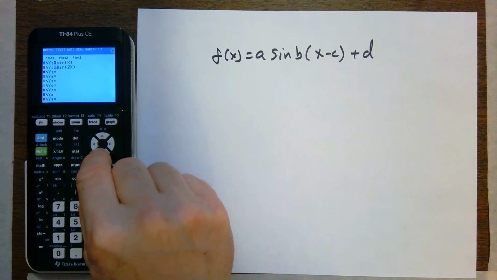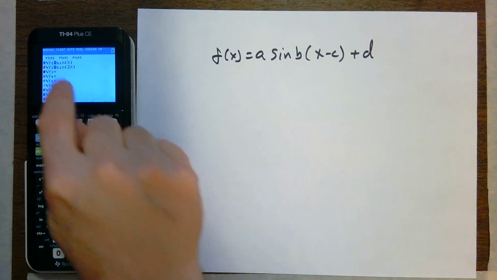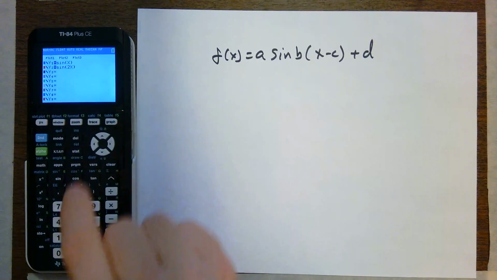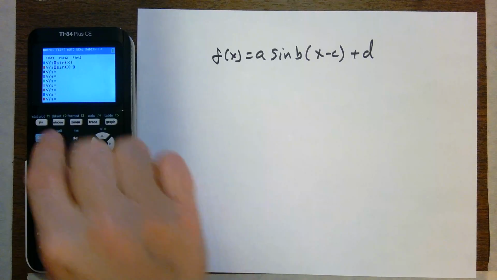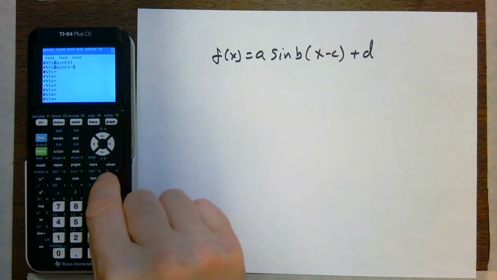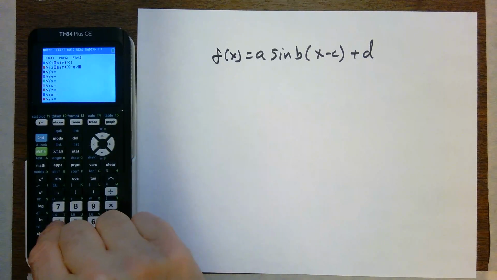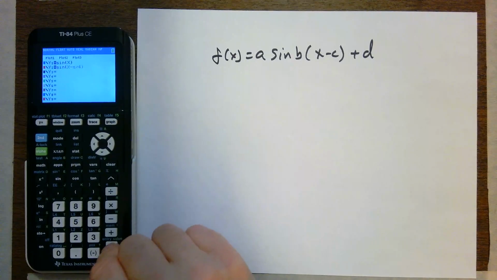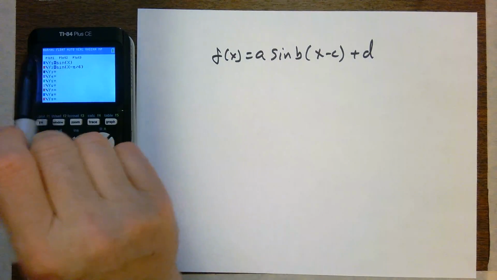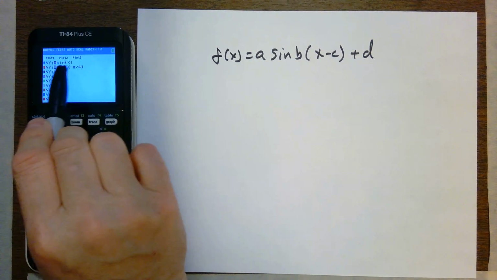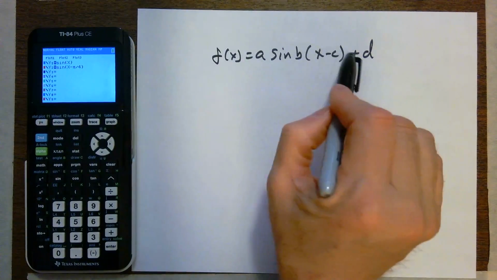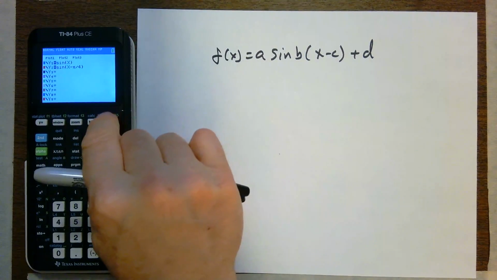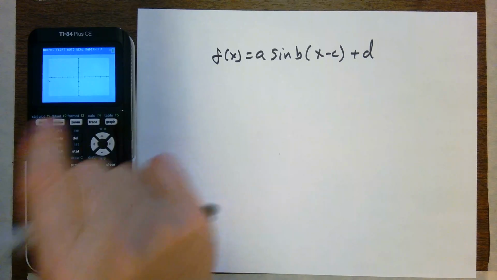So here, let's go ahead and change that. So now I'm going to do the sine of x and then the sine of x minus pi over 4, pi divided by 4, close parentheses. So I'm graphing y equals the sine of x and the sine of x minus pi over 4, the c value, changing its phase shift, moving it left and right.